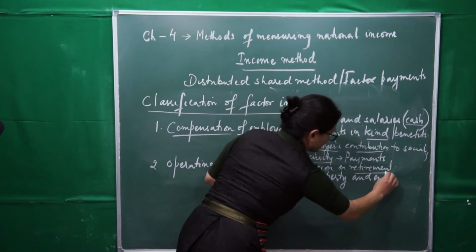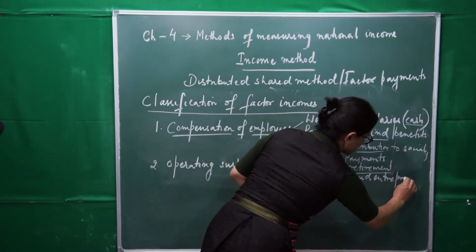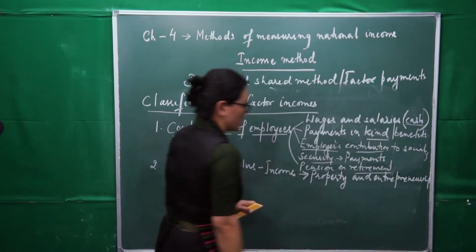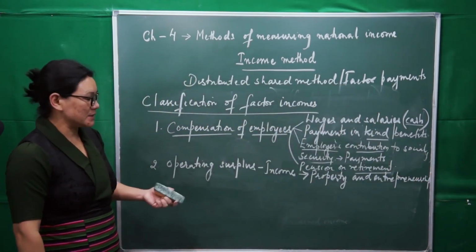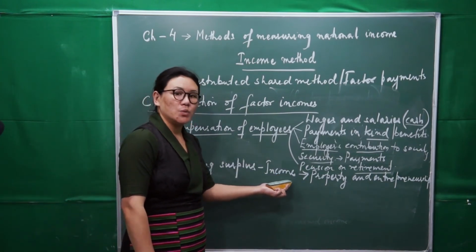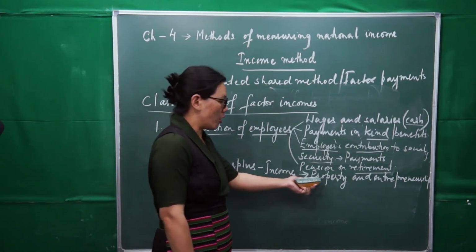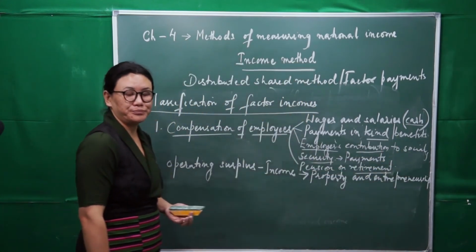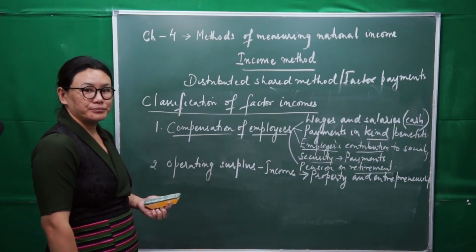Property and entrepreneurship. Okay, what is this operating surplus? Operating surplus is the income which is earned from property and entrepreneurship.